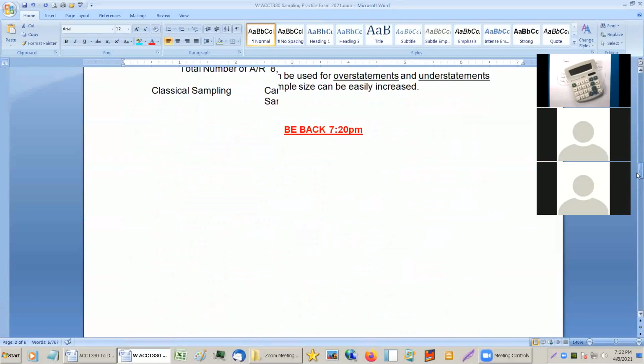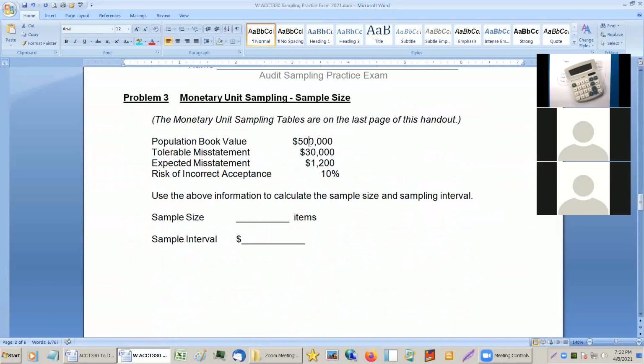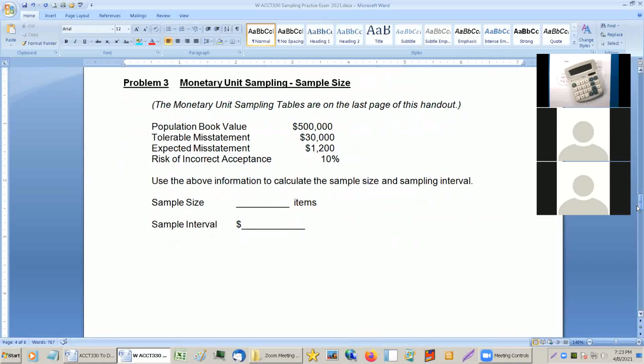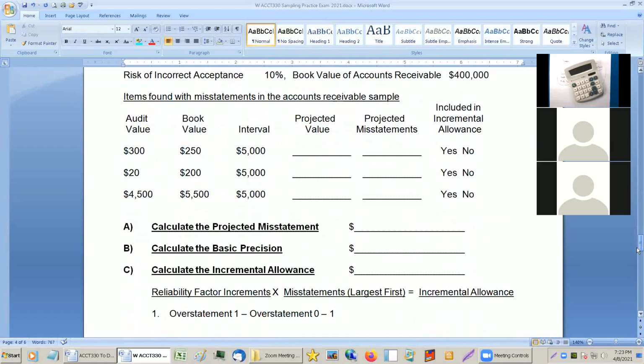They don't tell you the number of items. In that way, it's a little strange, except that it's called monetary unit sampling. Actually, each dollar is a unit. So while it doesn't say how many items are in the sample, according to this method, each dollar is actually a unit. If you think about it that way, that's kind of the reason why.